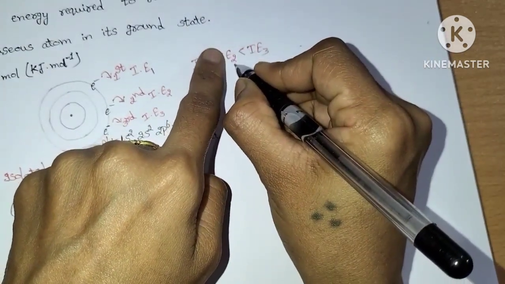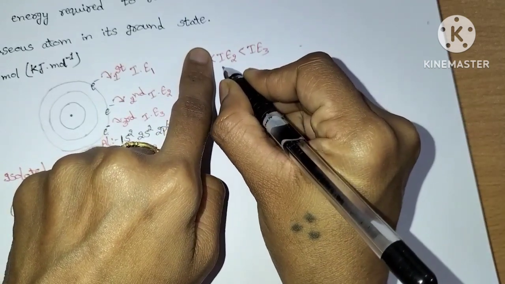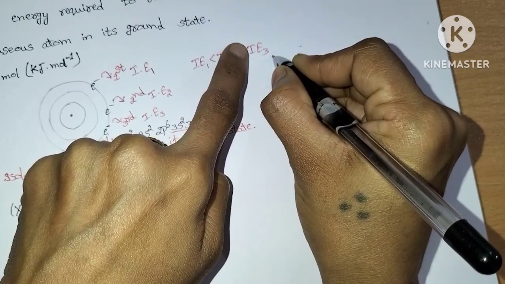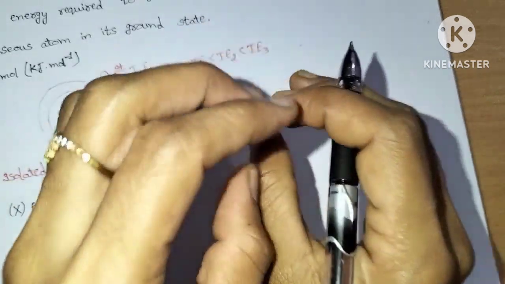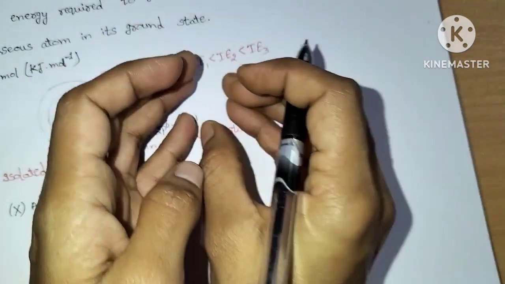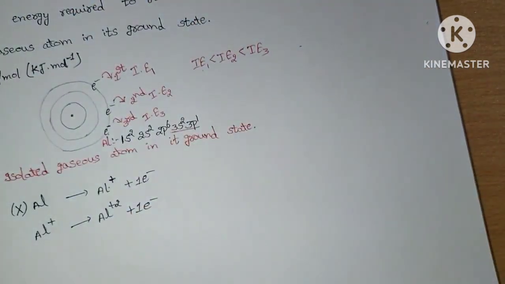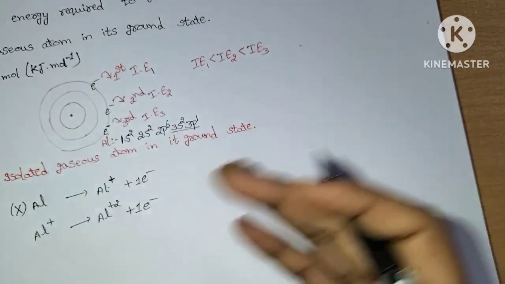Specifically, if they mention second ionization energy, then you have to consider IE2. If they mention third ionization energy, that is IE3. If there is no specification of first, second or third, you have to consider it as first ionization energy or first ionization enthalpy only.